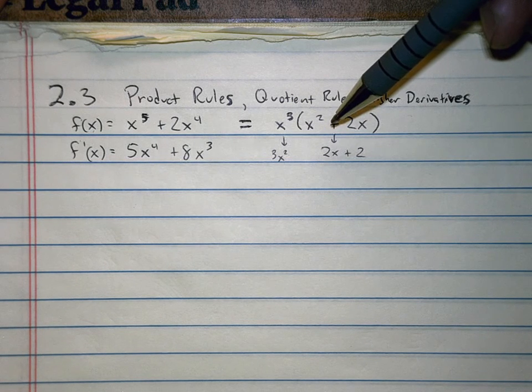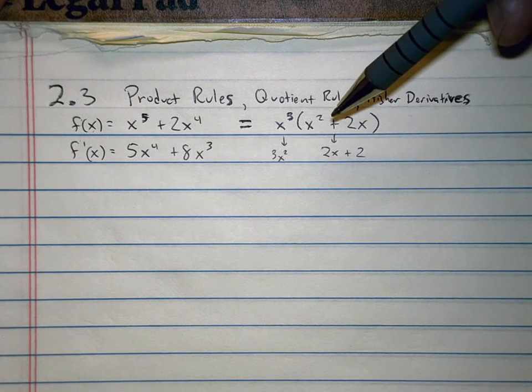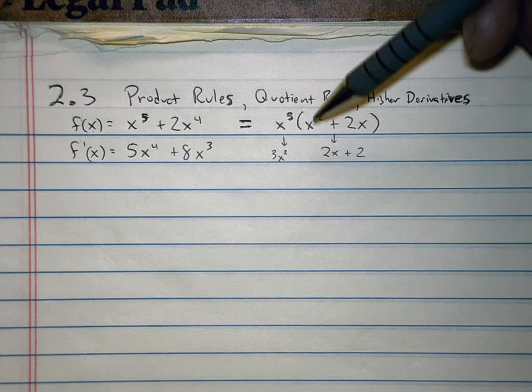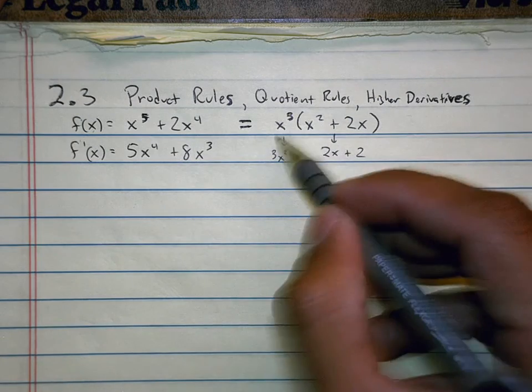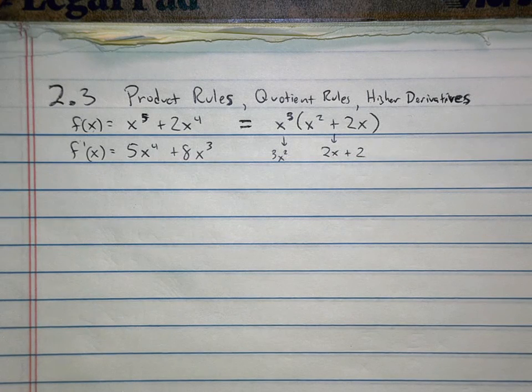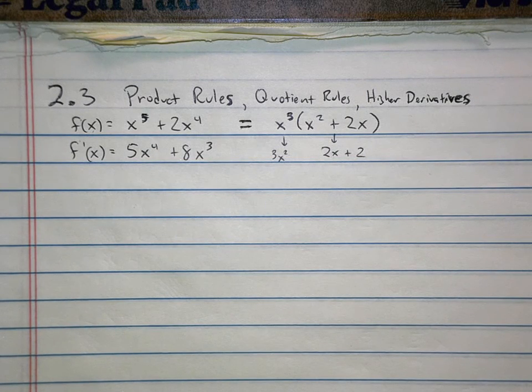So there is a special rule called the product rule that will help us do things when there is a product of variables. So I'm going to come back to this in just a second, but let's write down what the product rule actually says.